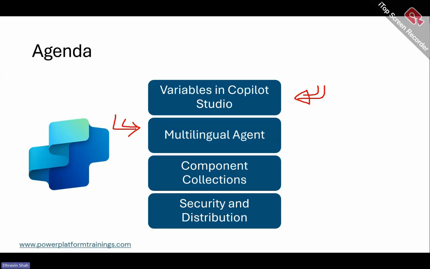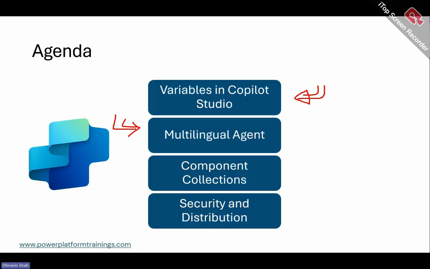We already used variables in all the Copilot agents we have built so far, only at that time you were not aware of the terminology. Today I'm going to talk about that terminology in a little more detail so you can relate and connect the dots, covering what the different types of variables available in Copilot Studio are.